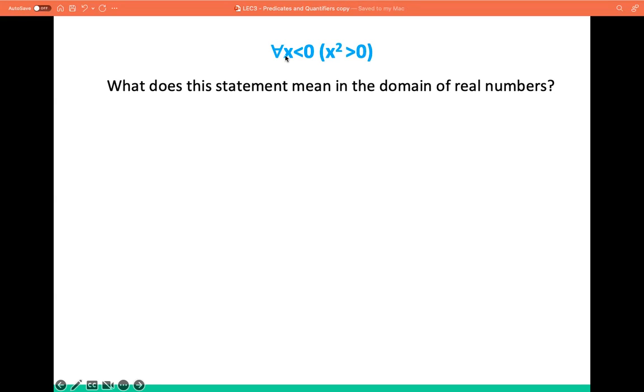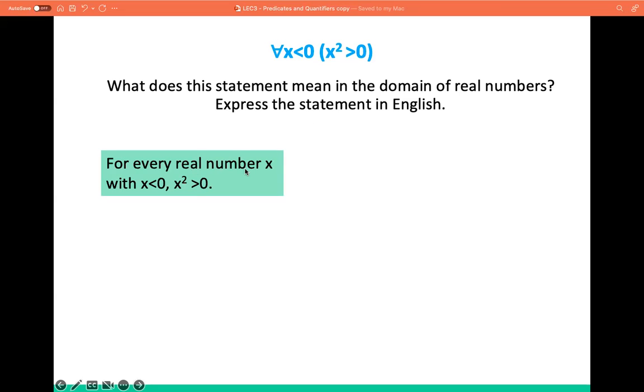Suppose we have this universal quantification statement: for all x that are less than 0, x squared is greater than 0. What does this statement mean in the domain of real numbers? We assume that any value that may be replaced with x is a real number. Let us express this statement in English.